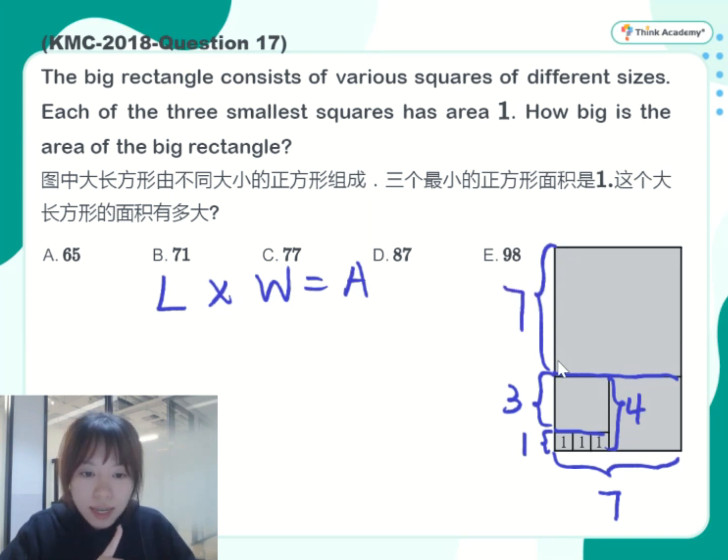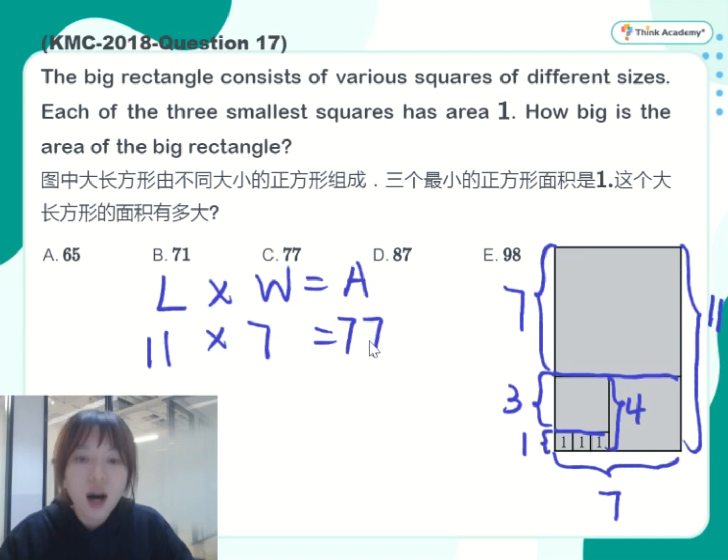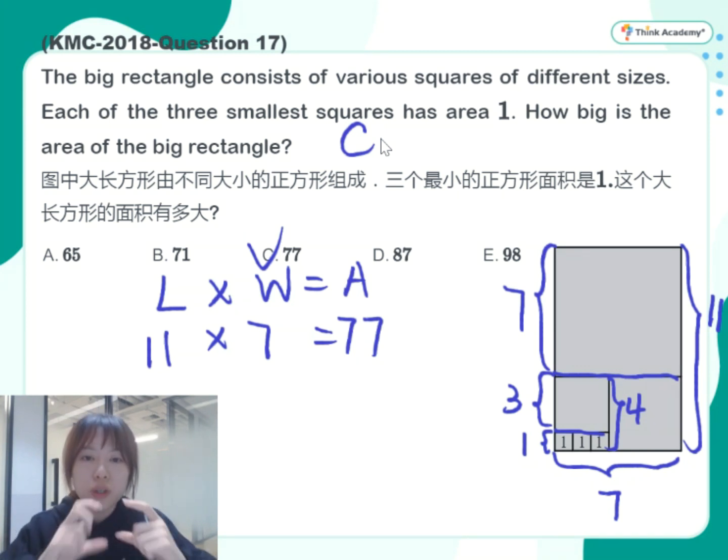And in total, 7, 3, 1. So it's going to be 11. So length 11, width 7, times together 77. Option C. So the answer is option C. You have to be patient. Find each side to make the whole width and the whole length.